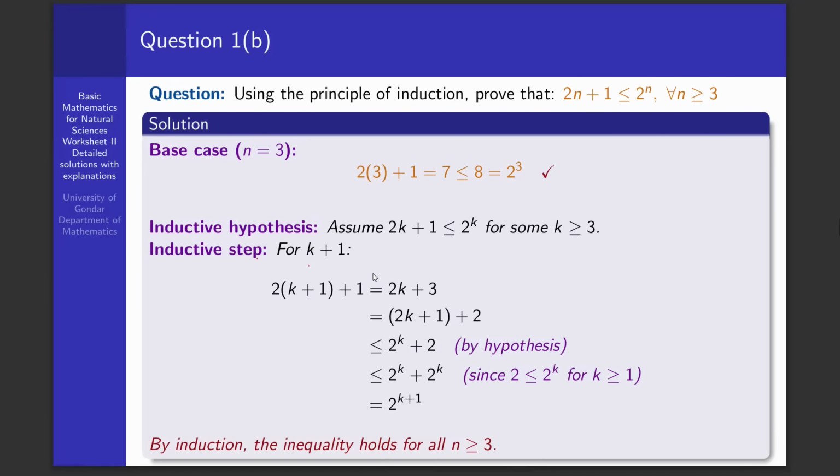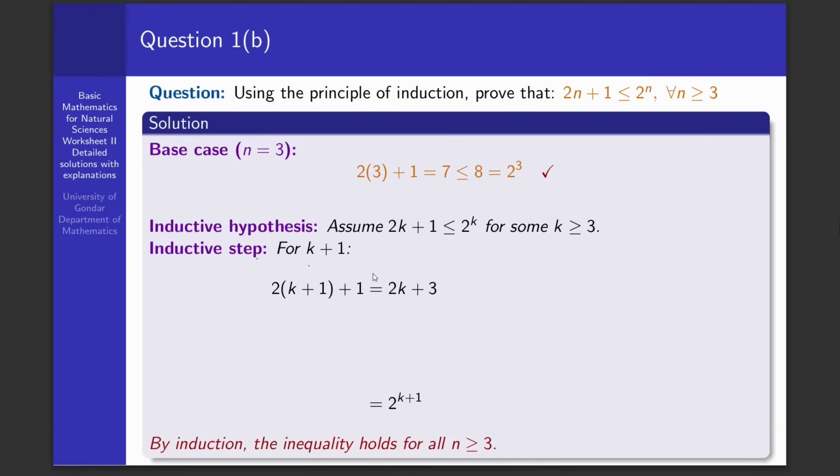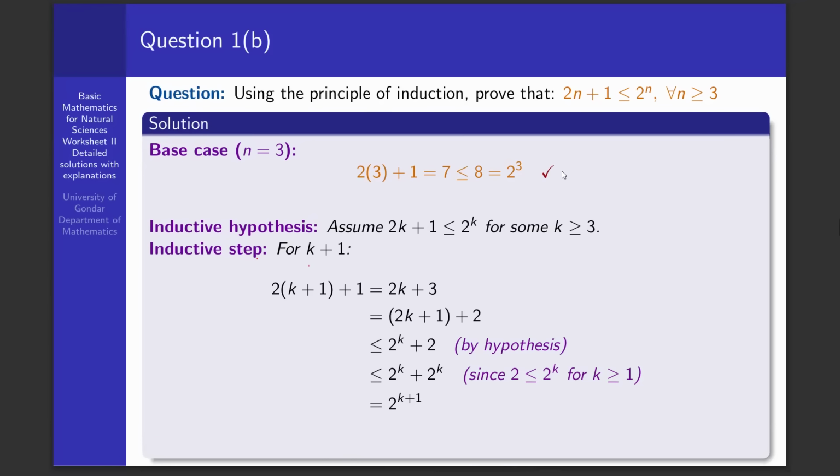Then, if we substitute k plus 1 in the place of n, here we have 2(k plus 1) plus 1, which is equal to 2k plus 3.